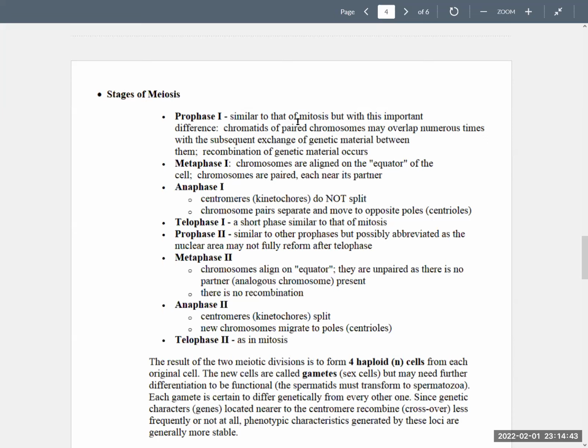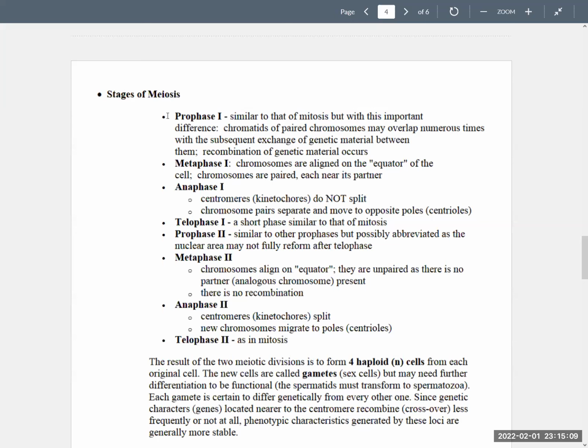This type of division, meiosis, is only found in the ovary and in the testes, where gametes are formed. The gametes have half as many chromosomes total. They will have 23 in each gamete instead of 46.